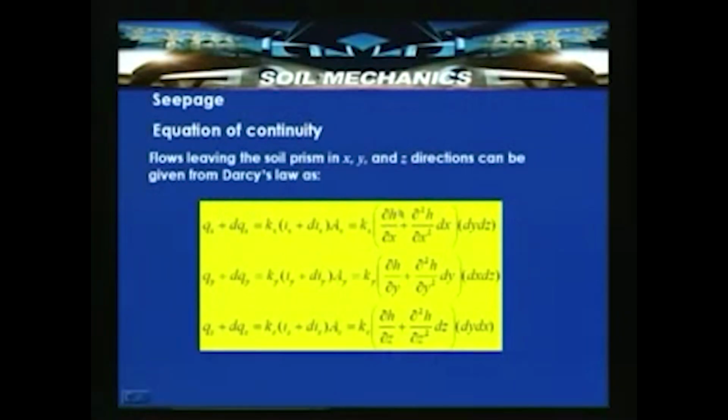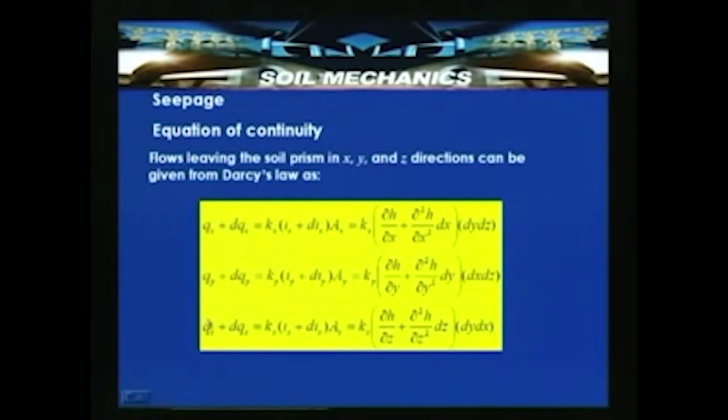So, this expression can be simplified as kx into ∂h by ∂x plus ∂²h by ∂x² into dx, and this is occurring over the area dy dz. So, now qx plus dqx, similarly we can write qy plus dqy and qz plus dqz.